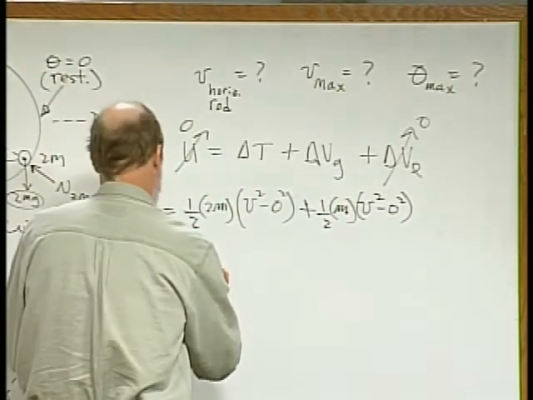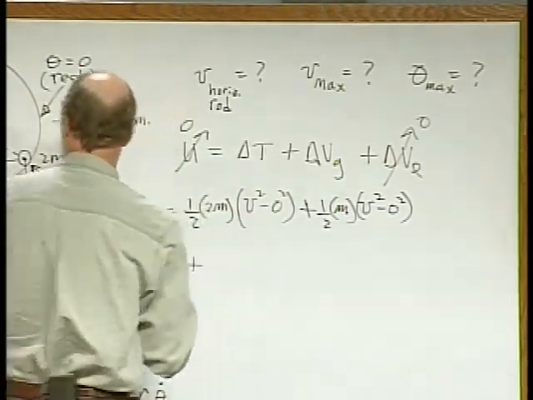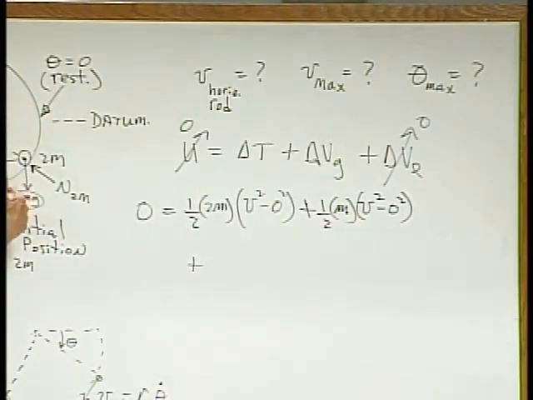Plus, each mass is changing its potential. Each mass is changing its potential. Here's the initial position, and I set a datum up here. We set a datum up at this level.